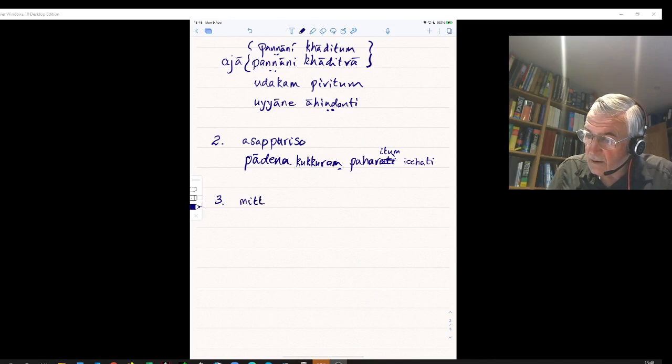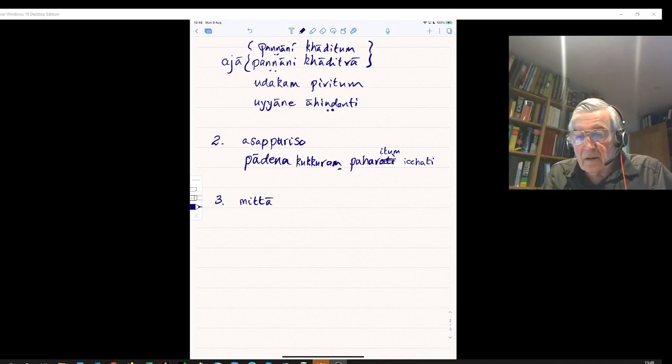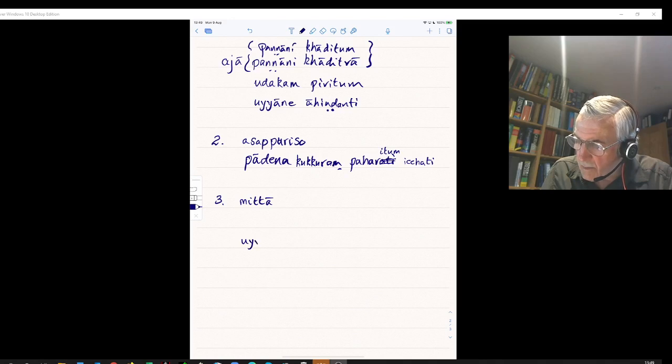So the friends go, mitta gachanti. The friends go to the park, mitta uyyanam gachanti. Again, with the accusative of motion, mitta uyyanam gachanti.